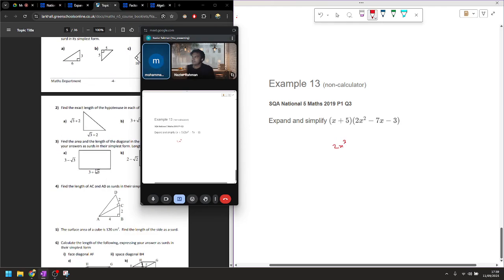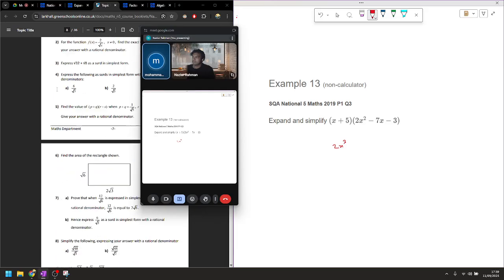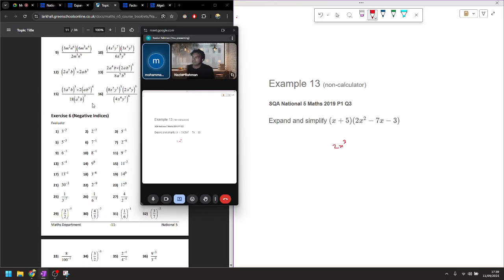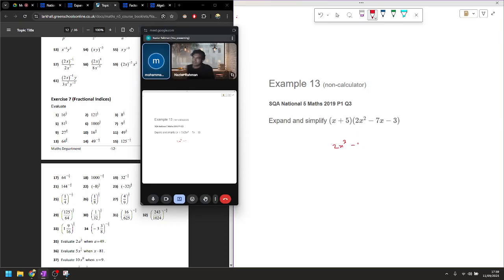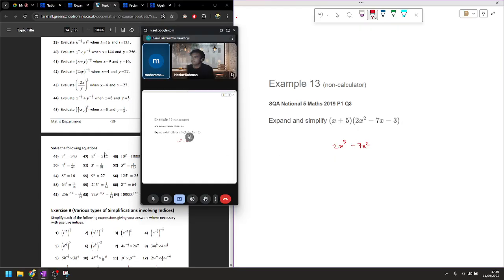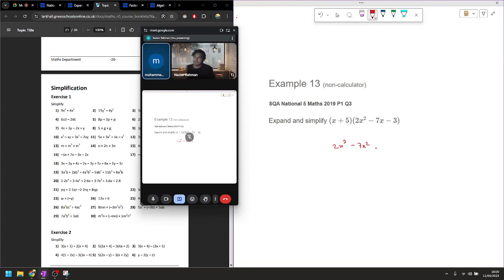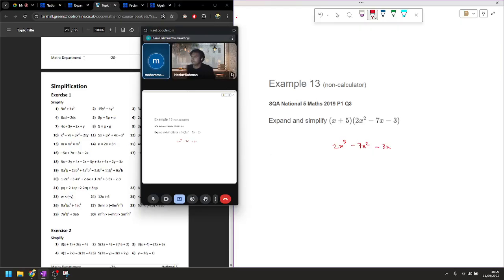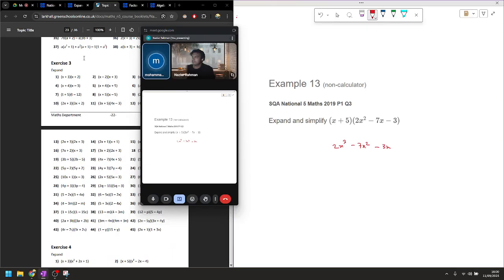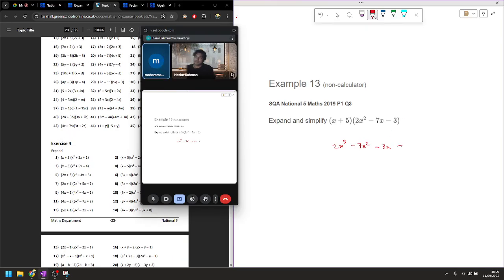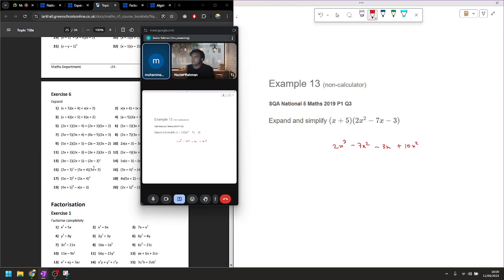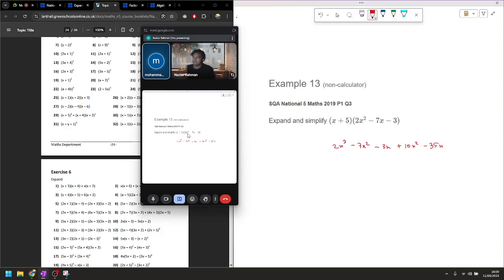And then x times negative 7x, which is negative 7x squared. Well done. And then x times minus 3 is minus 3x. Yep, good. 5 times 2x squared is 10x squared. Yep, good. Plus 10x squared. Yeah. 5 times minus 7x is minus 35x. Well done. 5 times minus 3 is minus 15.